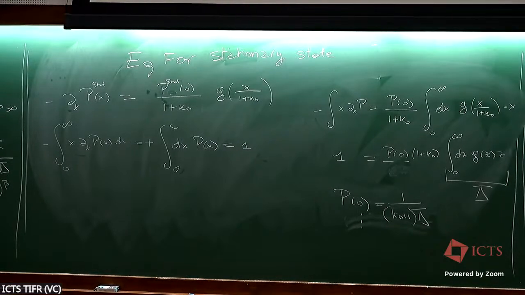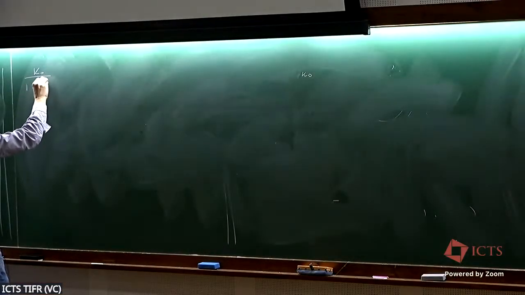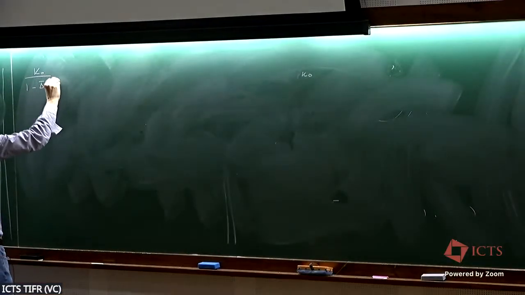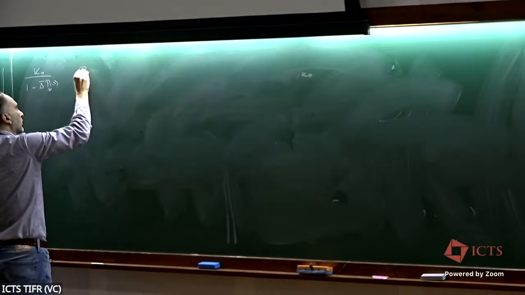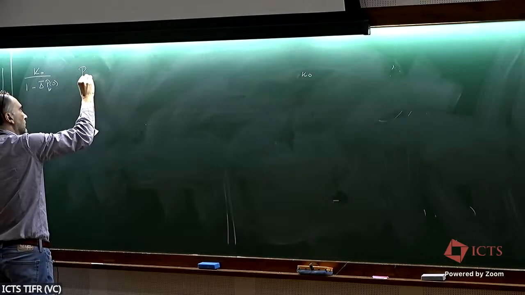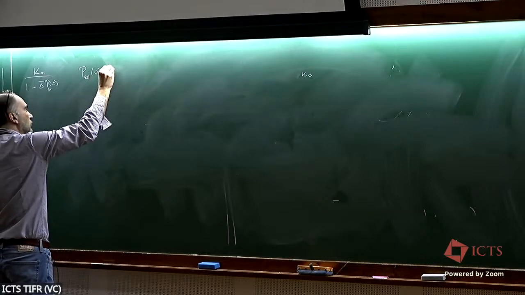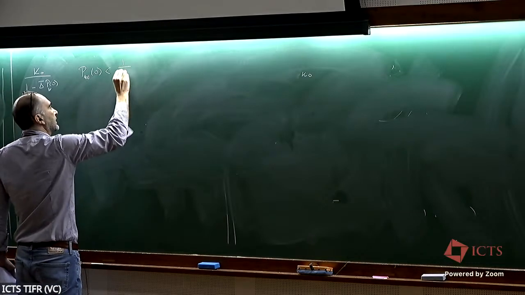So what Anupam is saying, there was a denominator, which was K0, 1 minus delta bar P0 W, and this means that P0 W should be smaller than 1 over delta bar.